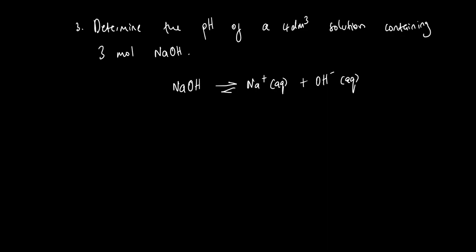So we would use n over V, and then we have 3 moles over 4 decimeter cubed. I believe that should give you 0.75 moles per decimeter cubed. Now, do you remember the formula for pH? Okay, no, rather let me ask, where do we go from here, Mr. Kevin?